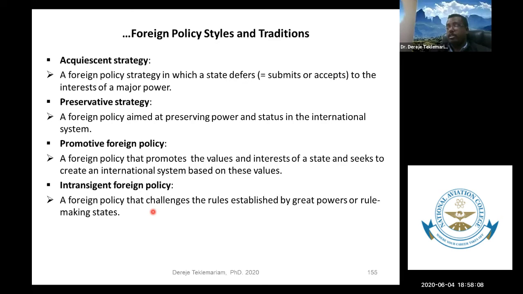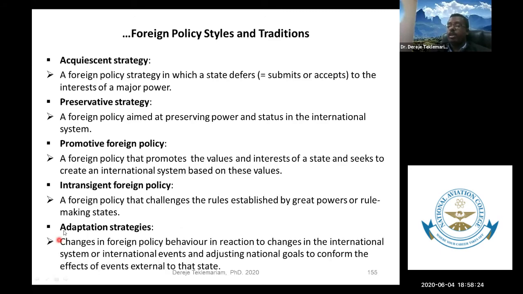But I think, however, there are still continuous issues related to other types of strategies, what we call the adaptive strategy. Adaptive strategy normally means changes in foreign policy behavior. The countries which follow this strategy frequently change their foreign policy behavior in reaction to or as a response to some changes in the international order or the international system, or even following some international events, so that they need to adjust their national goals and conform to the effects of that external threat to that state.